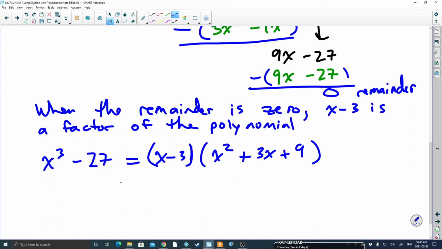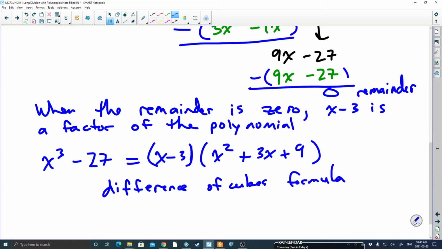And if you've seen the difference formula for cubes, you will recognize that this follows that formula. This is your a squared, this is your ab, this is your b squared, and the signs follow the pattern for a difference of cubes.